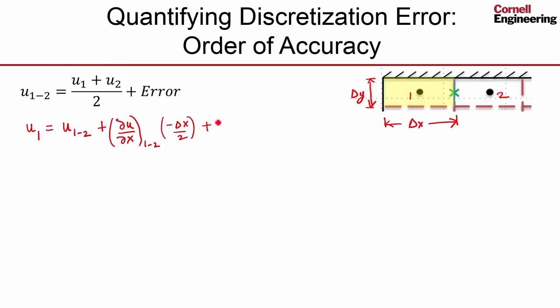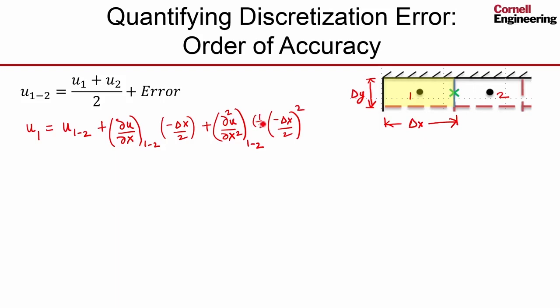And then the next term in the Taylor series, you have the second derivative times minus delta x over 2 squared, and then you also have a half.